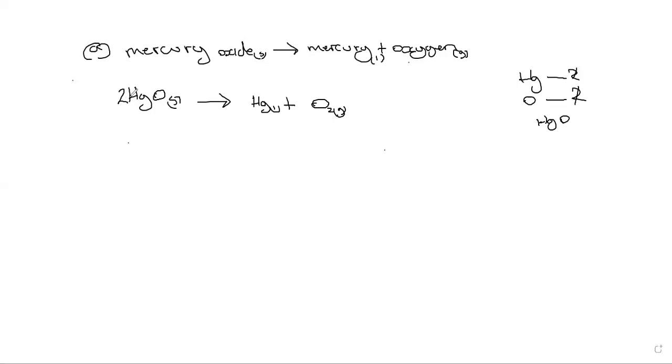If we add 2 there, the oxygen has become 2, mercury 2, but here we have 1. So we add the 2 here as well. Then the equation has been balanced. So that's how you balance an equation.